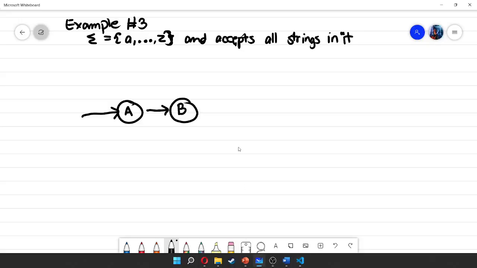So pwede na ta nga mag-transition from state A to B if makakita tag at least isa ka symbol. Okay? So pwede na nga sigma itong ibutang and then B is a final nga state. And then, ang mga subsequent nga mga characters, again, we do not care anymore as long as it contains kaning sigma na to. Okay? So, pwede ra nga na itong finite automaton.